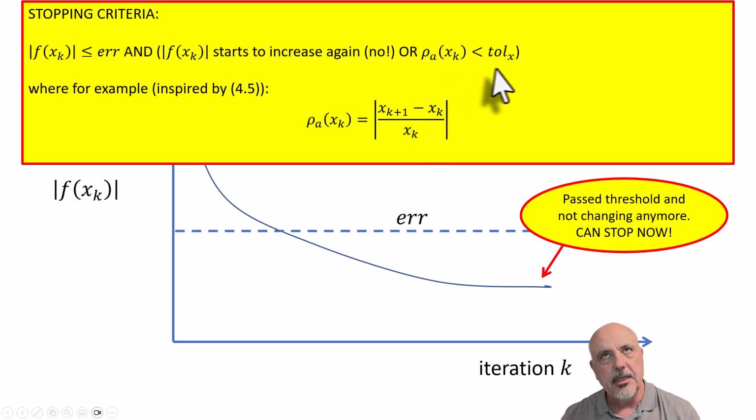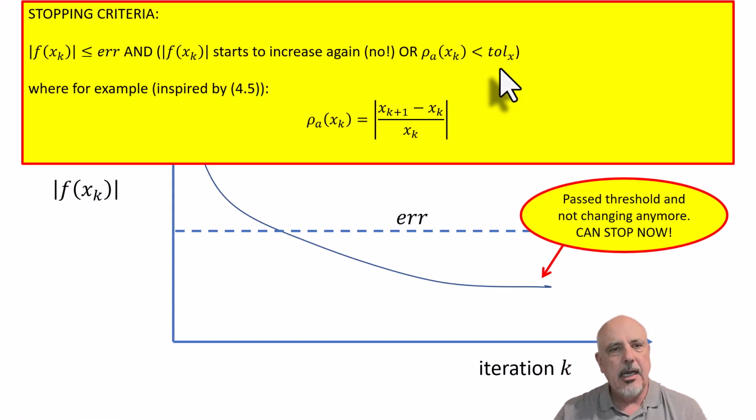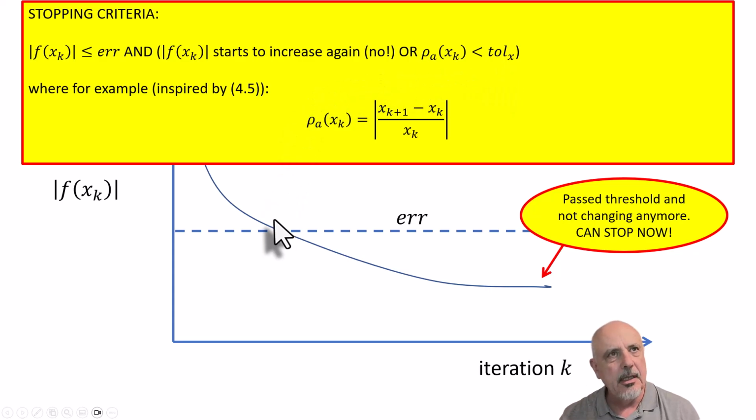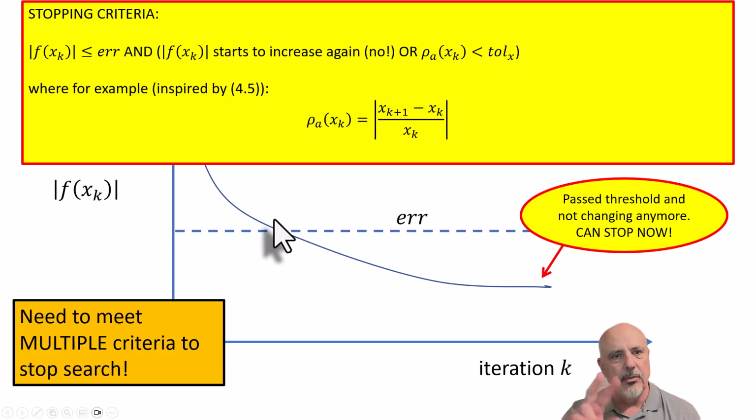If that's less than some tolerance, then your x's aren't changing, and you're below, so you might as well stop. So for the stopping criteria, there's at least 2 criteria that you have to satisfy before you stop your search.